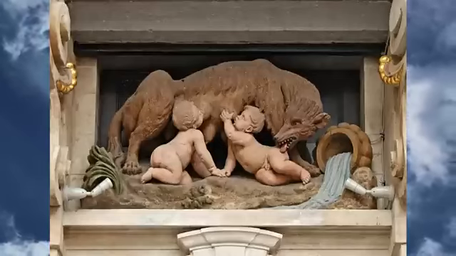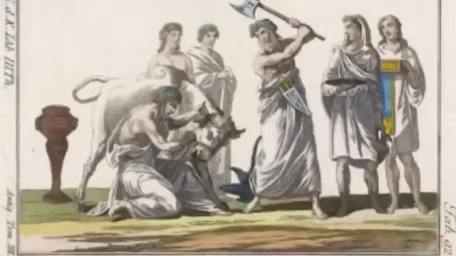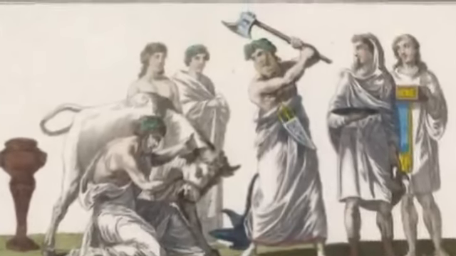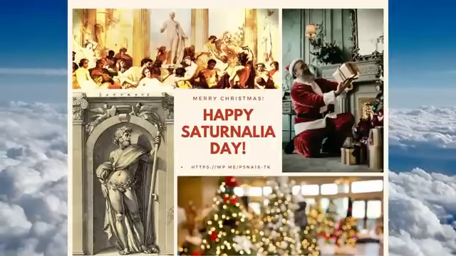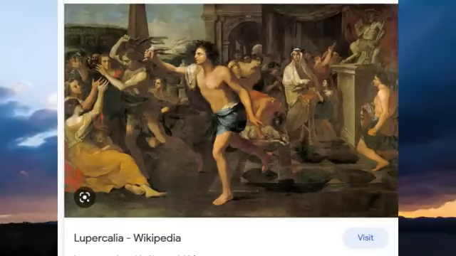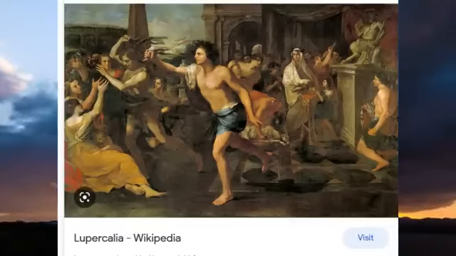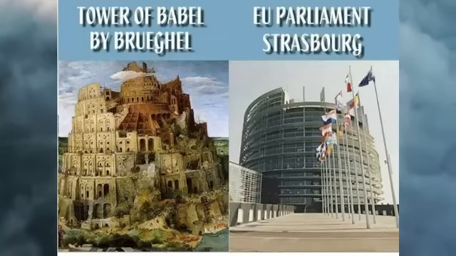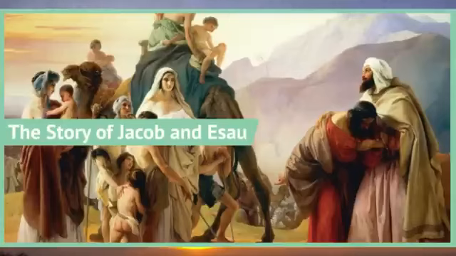Rome being a pagan kingdom that worshipped pagan gods with festivals that still occur today, but in a different guise, like Saturnalia, an orgy of drink and sacrifice, which is now Christmas, Lupercalia, a pagan ritual, which is now Valentine's Day, and so on. Now this can go right back to Nimrod, the Tower of Babel, but the most obvious is Jacob and Esau in the Bible. So in the Bible, right, you have Abraham.